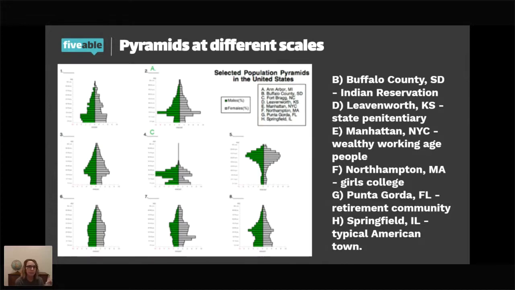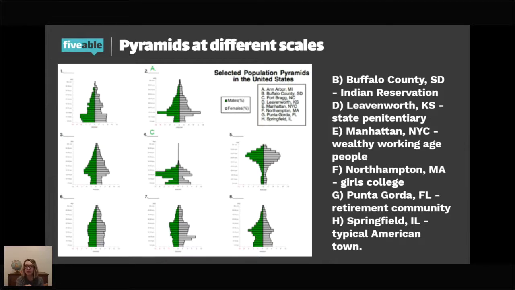That leaves us with 1 and 3 and 8. So for number 3, we have kind of like a Christmas tree shape, which means the majority of our people are in the working ages, over 15, under 65. And we see a really low birth rate or low youth population in this pyramid.